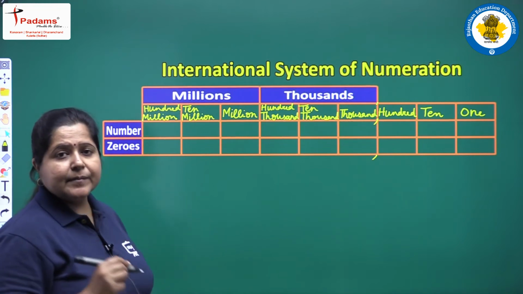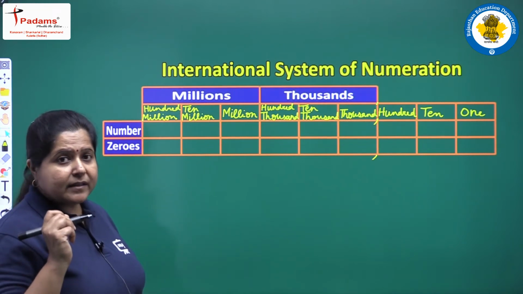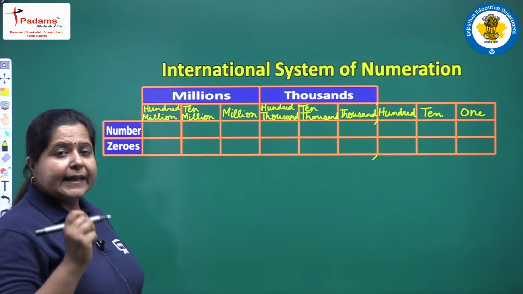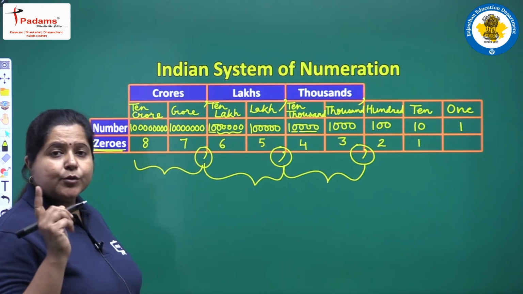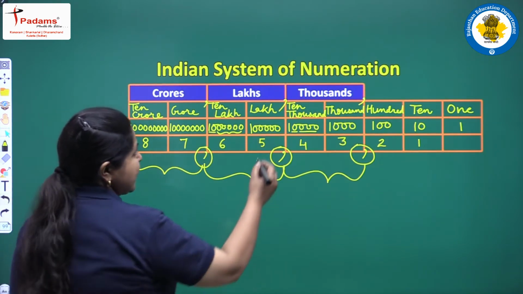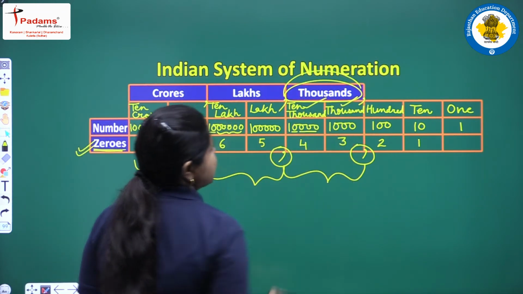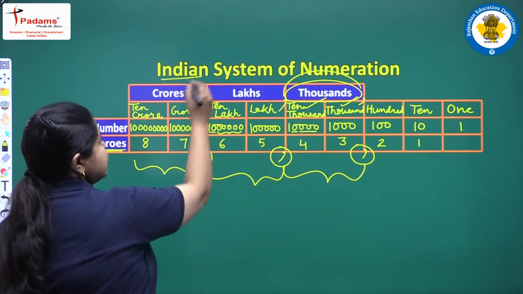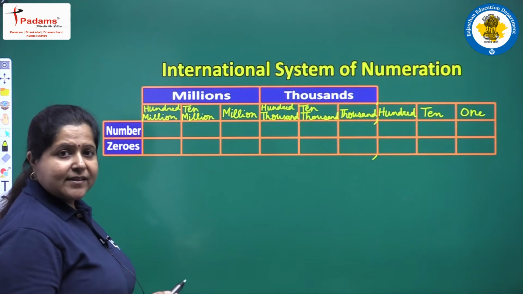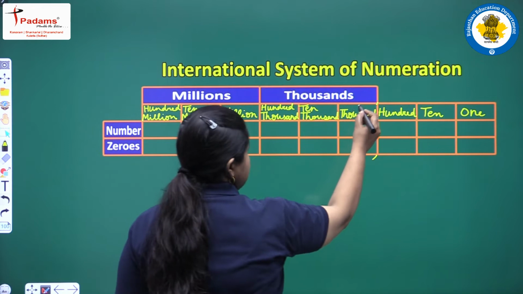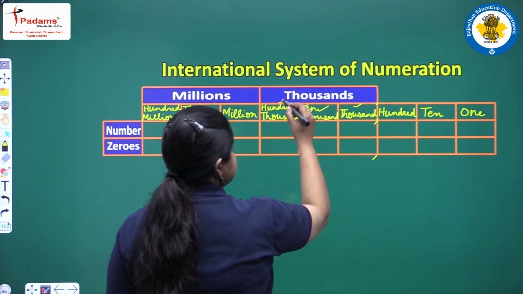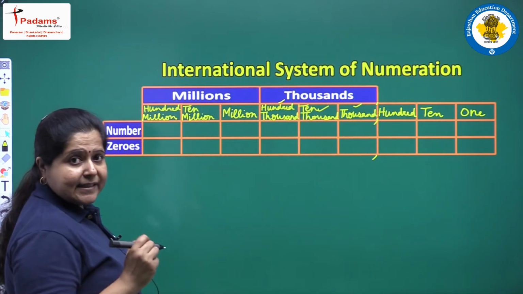In this system there are 3 members in the thousands family, while in the Indian system there were 2 members. You can see there are 2 members, 10,000 and 1000, in the Indian system, whereas in the international system there are 3 members, 1000, 10,000 and 100,000. This is the difference.